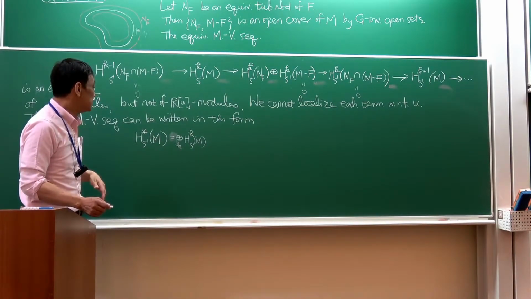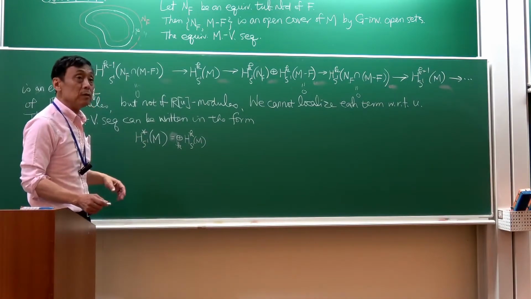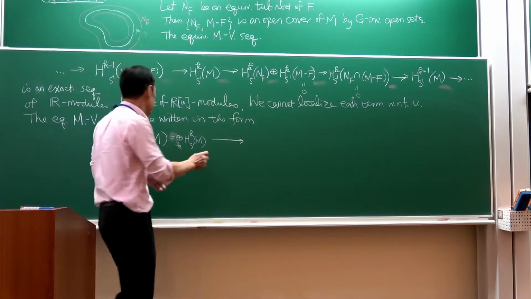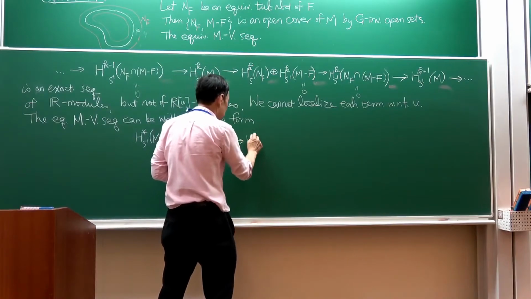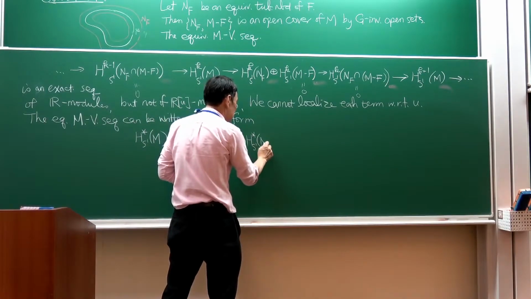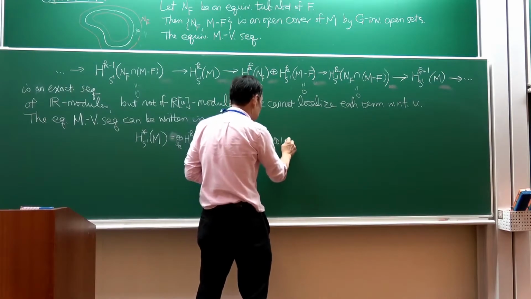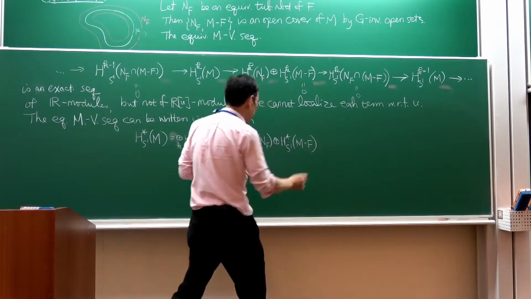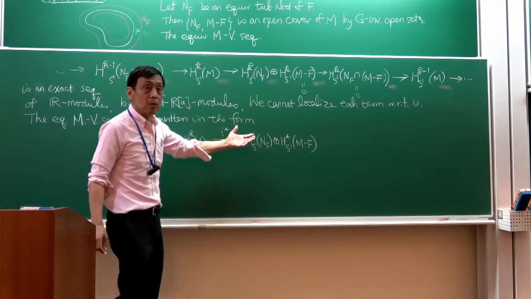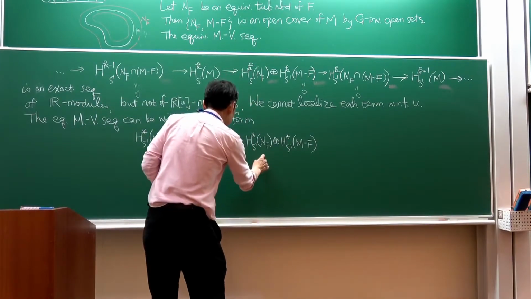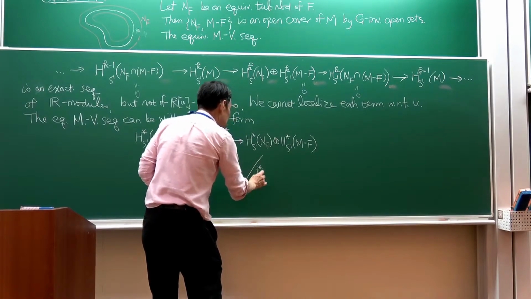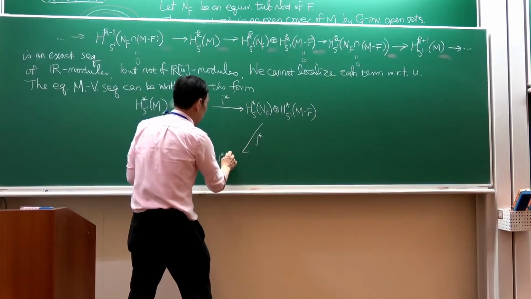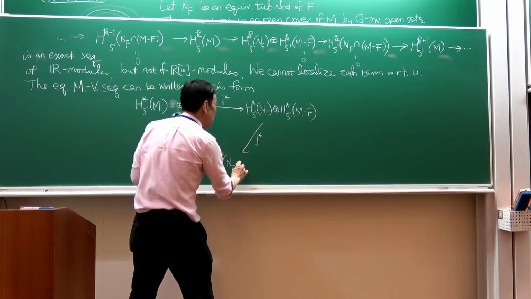Then it's an R(U) module, and this is a ring too, and you can restrict it to the equivariant cohomology of NF plus the equivariant cohomology of M minus F. So you restrict the cohomology class to the two open sets, and then you can take the difference, that's the J star. So that goes to the equivariant cohomology of the intersection.